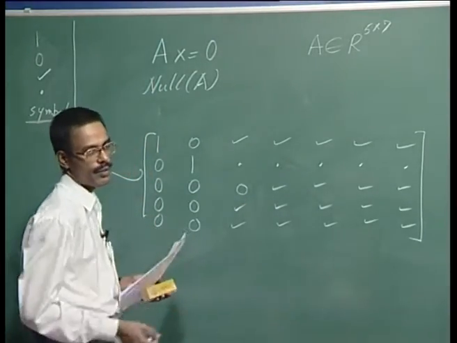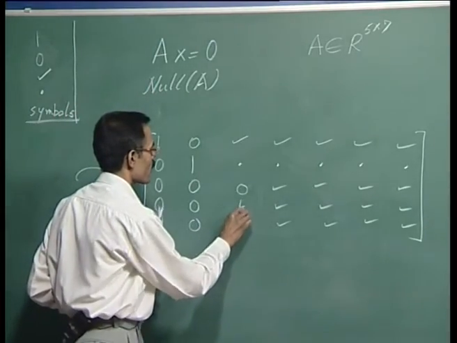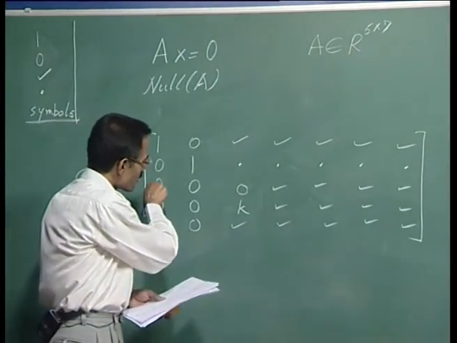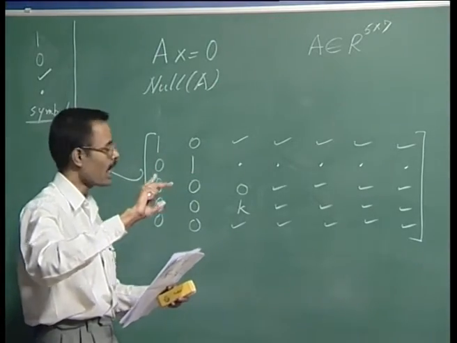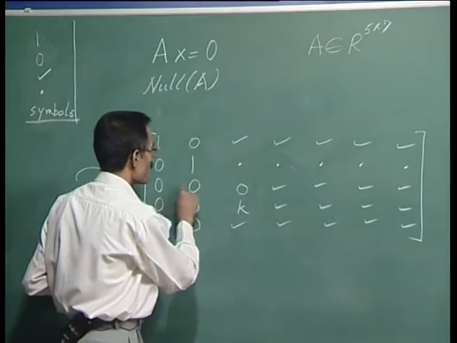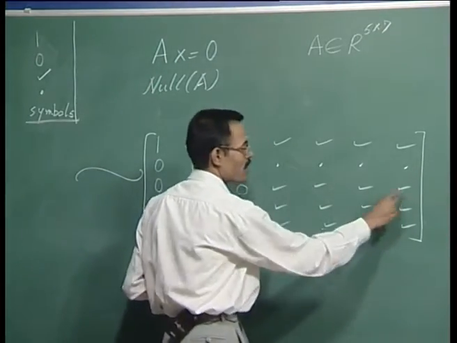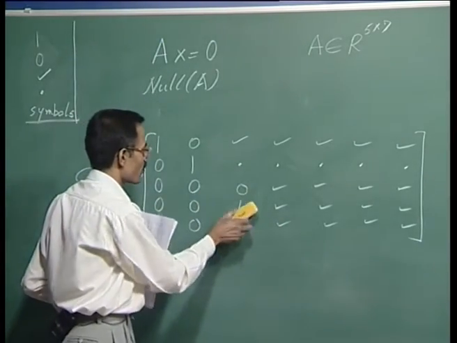Suppose this is non-zero, say k. Then what we do is that this third row and the fourth row we interchange. As we interchange the third row and fourth row, then these are zeros, nothing very special. These entries and these entries interchange their locations, and this k comes here, this 0 goes there.